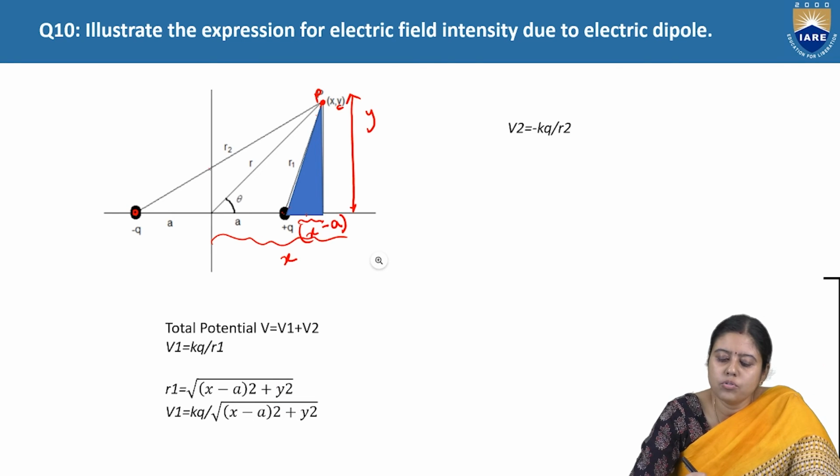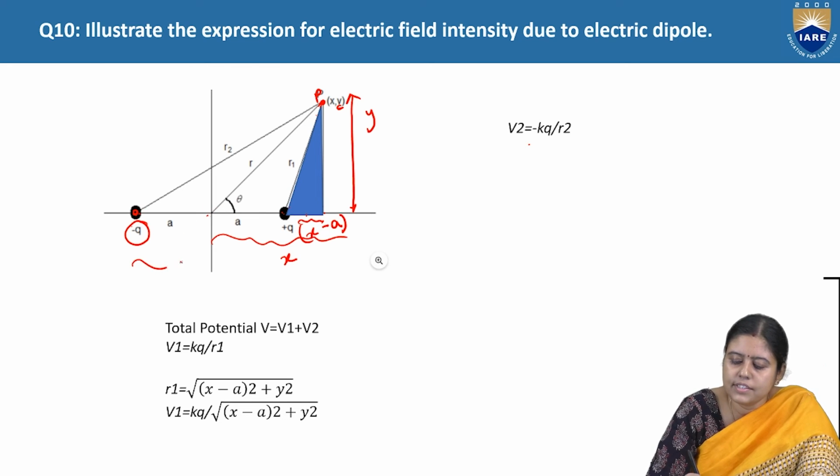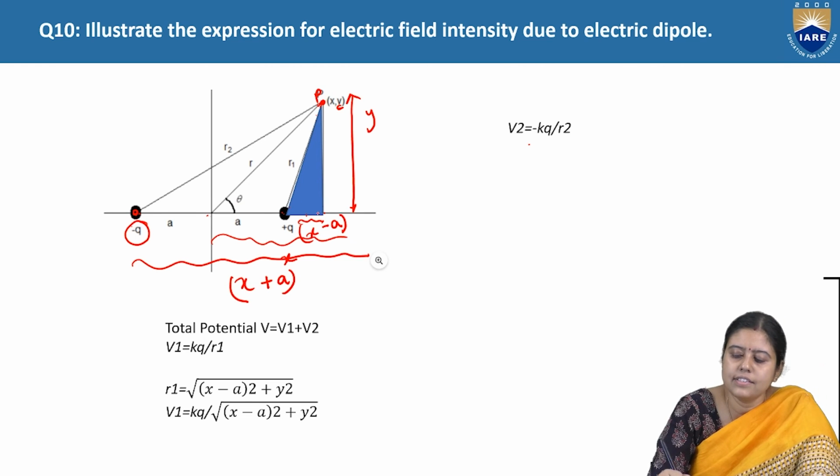Now what is V2? V2 is due to this charge, so it will be minus KQ by R2, because the charge is minus Q. This point is X and this amount is A, so this distance is X plus A, but the height is the same.